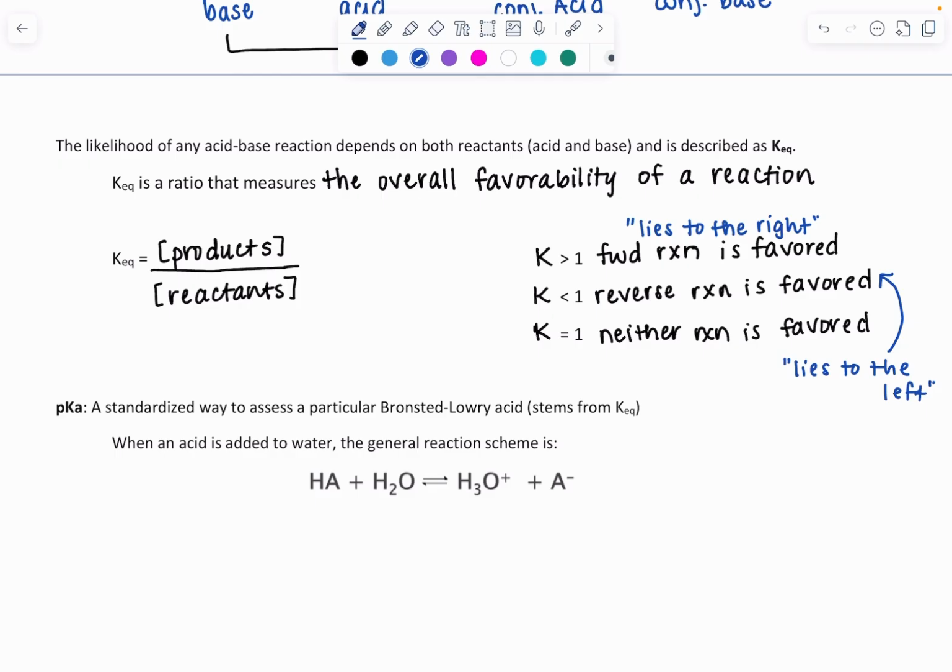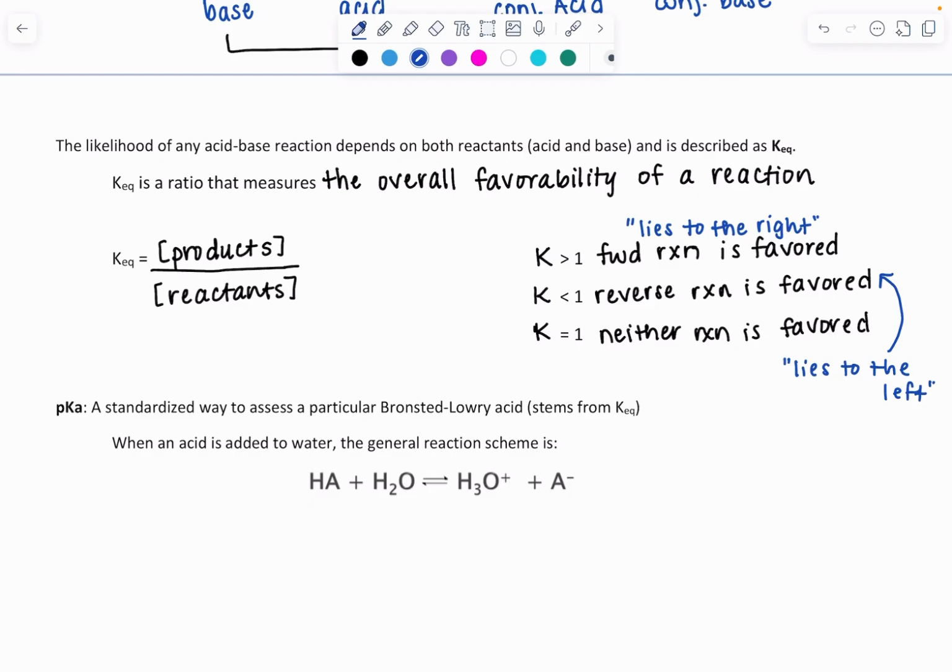We also have to remember when we're talking about reactions like this, that when we add, let's say you have a beaker of water, you add some acid to it, you're not just adding one molecule, you're adding many molecules, like thousands and thousands of molecules, even more. And so some of those molecules will protonate or give a proton to water. Some of them will just remain as the original acid molecule, and that's again in equilibrium.